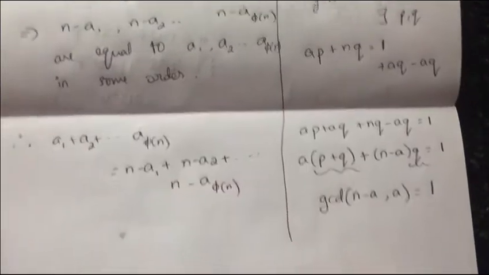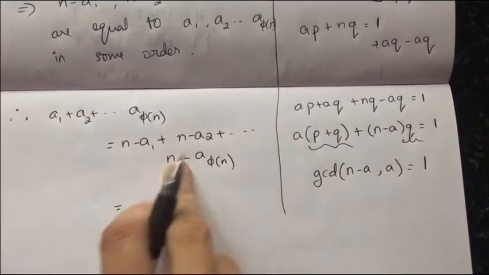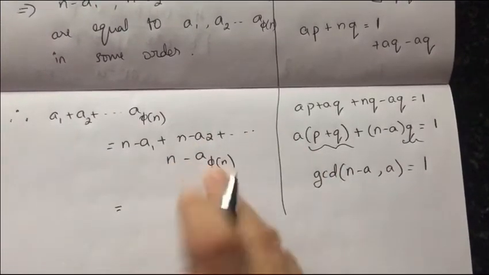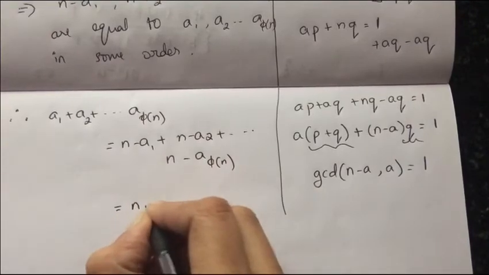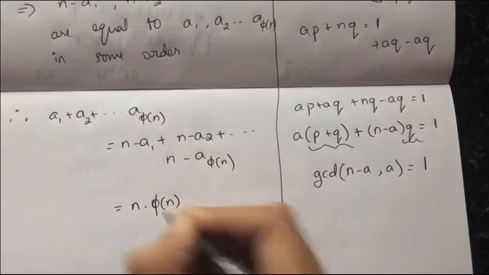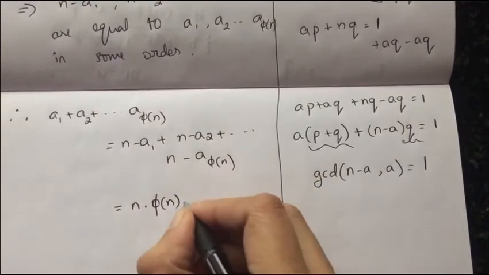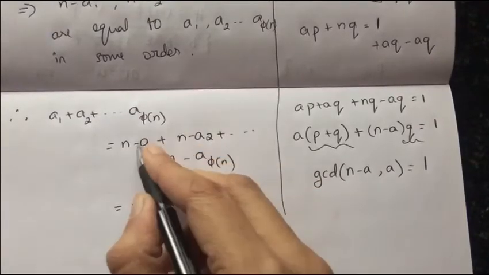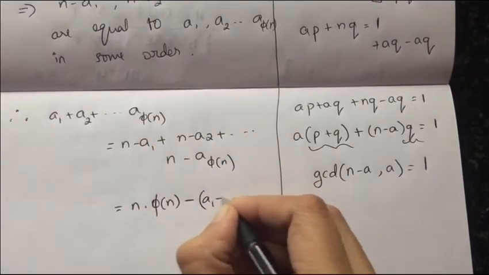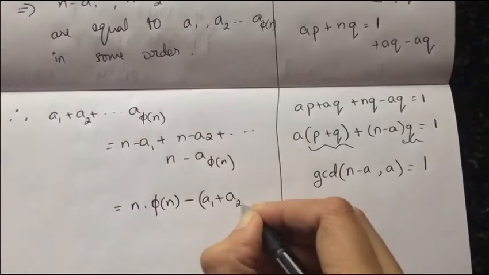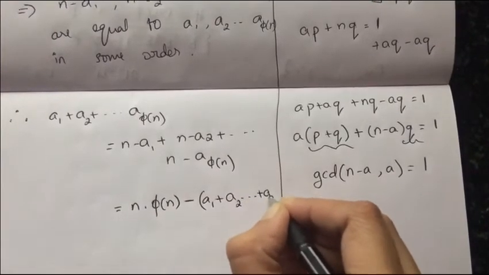On the right hand side, how many times am I taking n? Phi of n times. So phi of n into n, minus a1, a2, up to a phi of n.